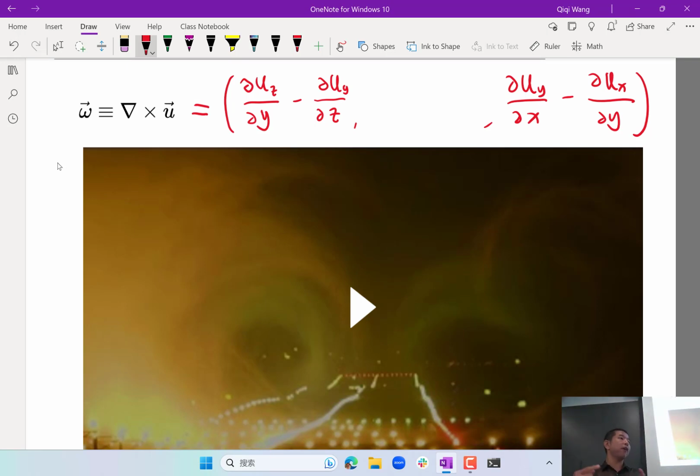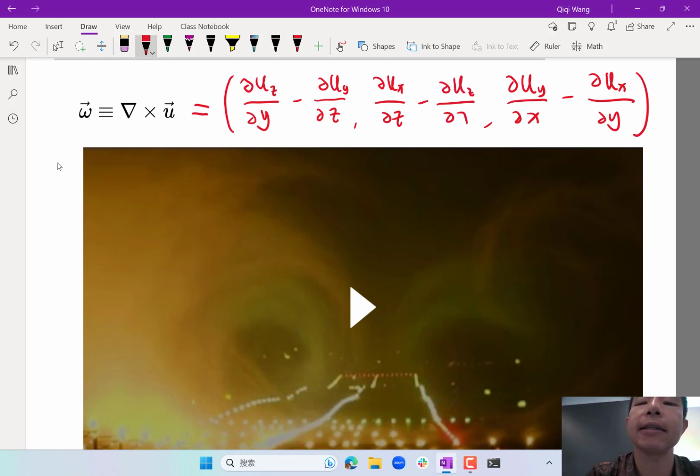Every cross derivative appears except for its own dimension, so the x component has no dx or ux, and the y component has no uy or dy. So the y component would be the derivative of ux with respect to z minus the derivative of uz with respect to x.